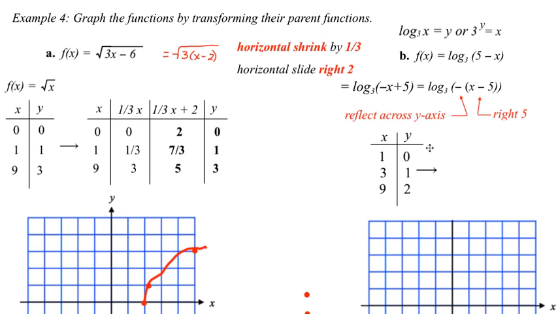The next thing we need to do is move right 5 units. So we're going to add 5 to our x coordinate after we reflect it across the y-axis. And remember, the y is going to stay the same, but we have to take the negative of x. So the negative of our x coordinates is here, and then add 5 to that gives us the red values.